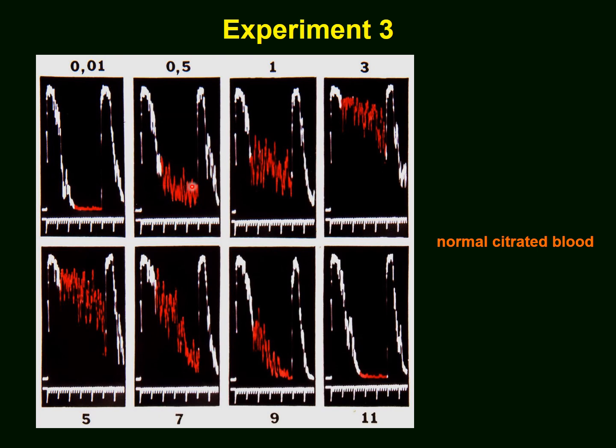Then as we increase the cell count, there are more cells, more interfaces between plasma and cells, and so the reflectivity increases. Then as we increase the cell density further, there's less plasma available, so the interfaces between plasma and cells decrease in number.